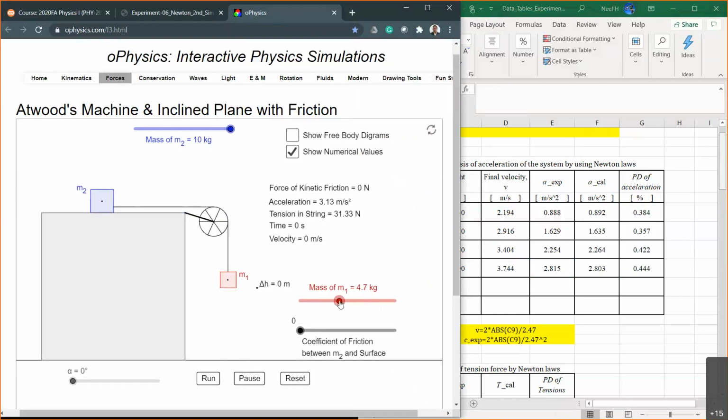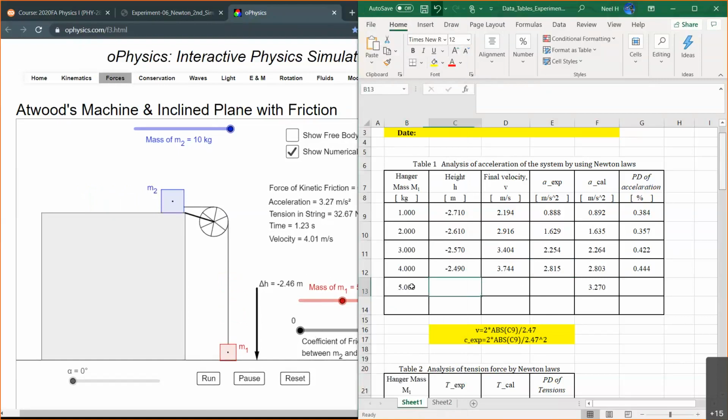Let's go to the next point, 5 kilogram, run the system. 5 kilogram, and h is minus 2.46, and for velocity we have to do the calculation: equal sign 2 times ABS parentheses C13 divide by the time 1.23, and acceleration experimental equals 2 times ABS parentheses C13 divide by time to the power 2, 1.23 to the power 2.